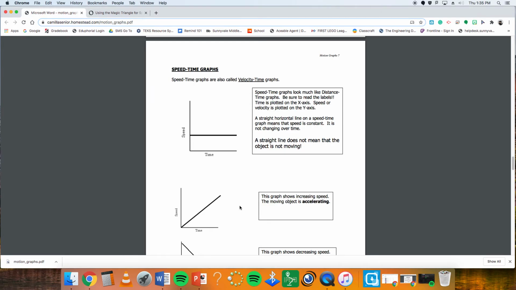Now let's move on to what if you change the y-axis to speed, and now we have a speed time graph. The information on a speed time graph is different. Remember that flat line on distance time where that was at rest? Well, a flat line on a speed time graph is constant speed.